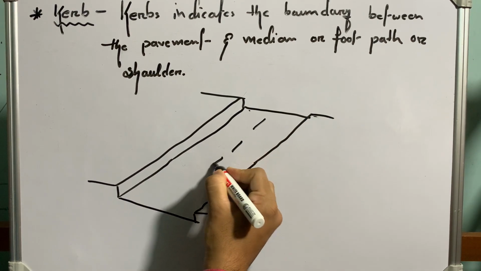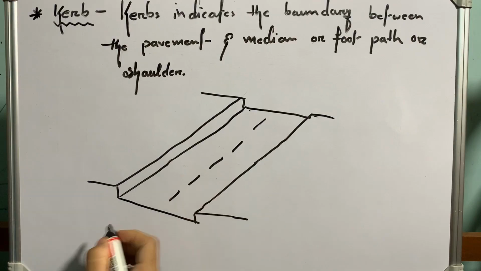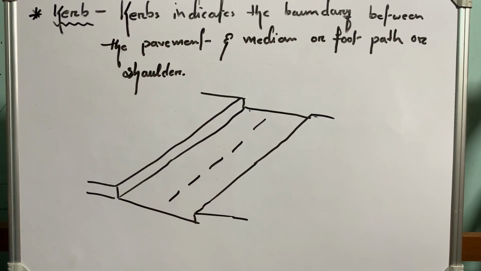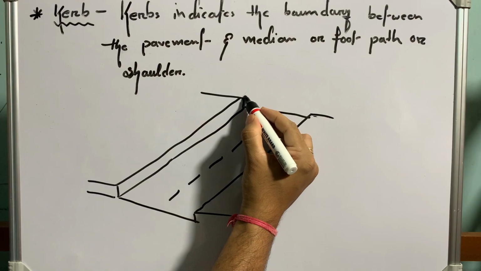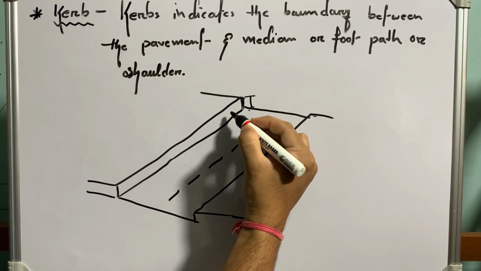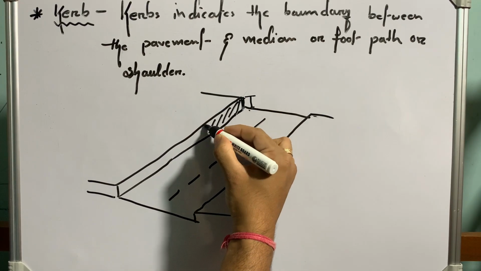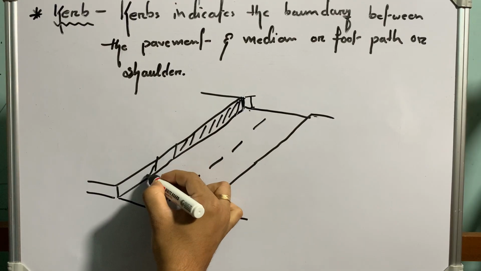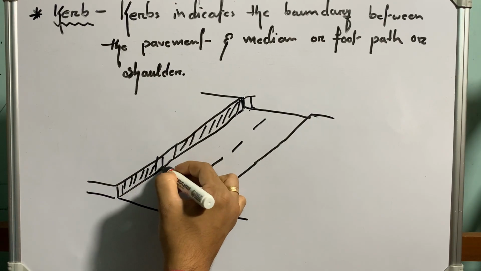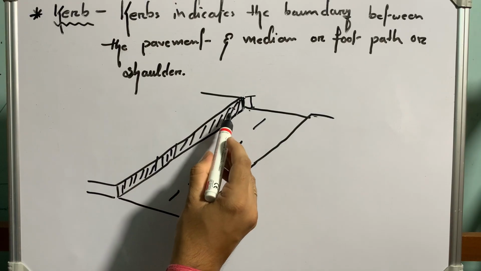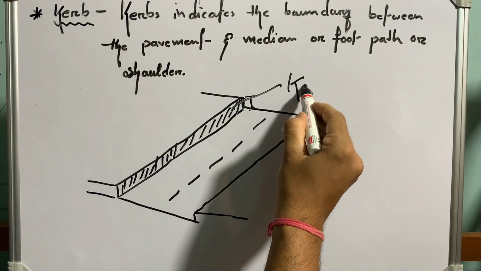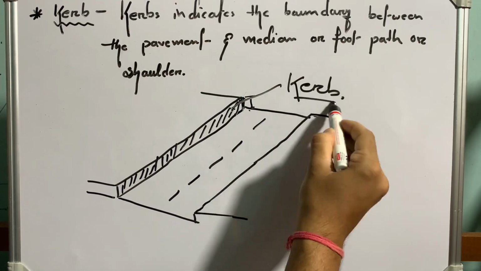So this is the road and this is the footpath. This elevation is called kerb. This elevation creates a boundary between road and footpath. That's why this elevated part is called kerb.